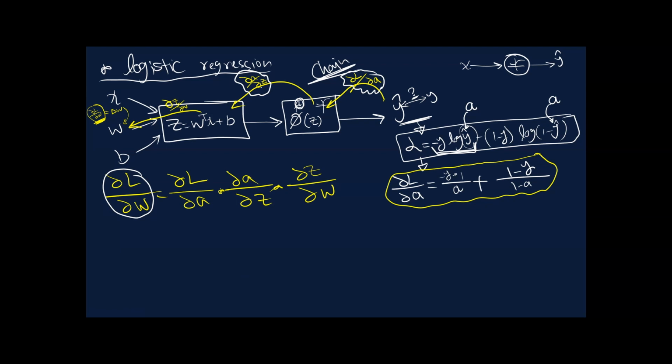Our activation is sigmoid, 1 over 1 plus e to the power of minus z, and we need the derivative of this with respect to z, so the derivative of the numerator multiplied by the denominator.